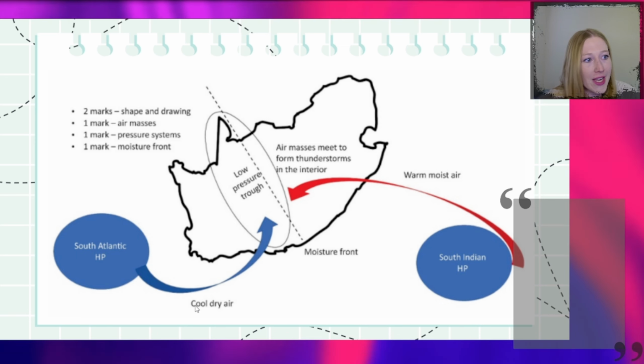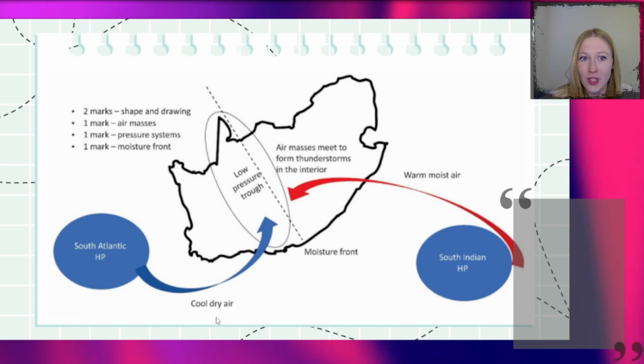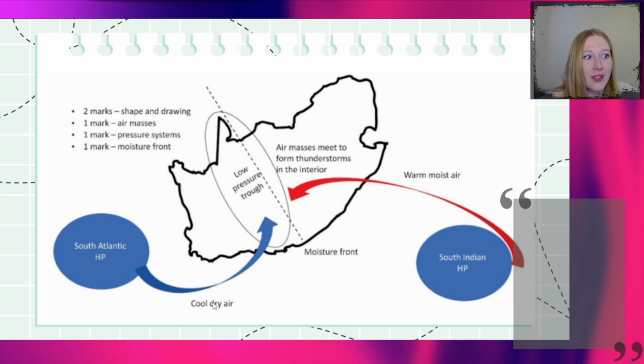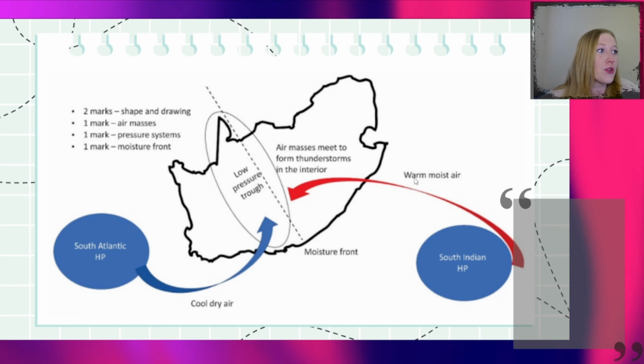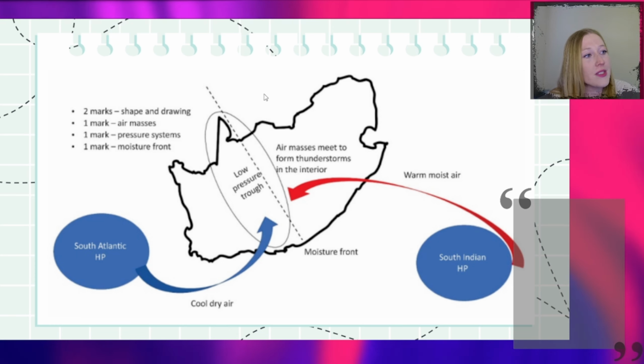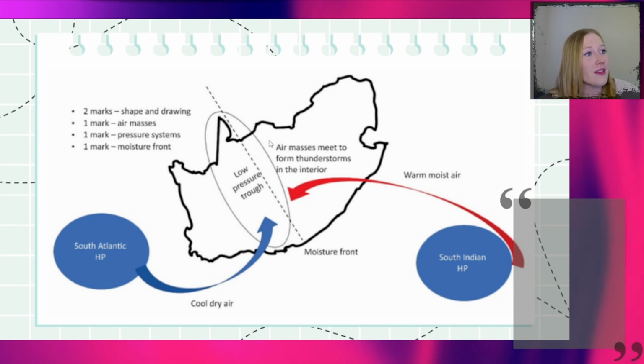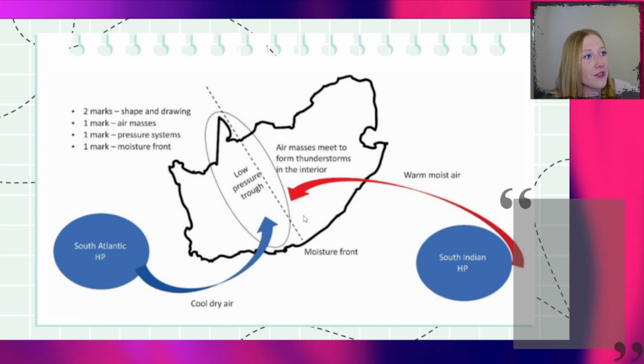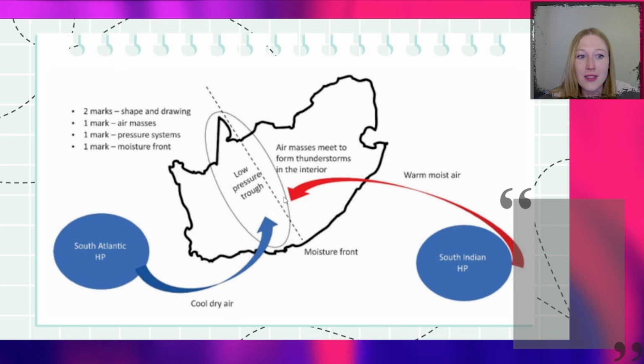Make sure you've labeled the characteristics of the air, noting that this is cool and dry, noting that this is warm and moist, and actually labeling that this is the moisture front. Then this is where we'll have the thunderstorms, typically more on the eastern side, and that is where all the rain comes from.